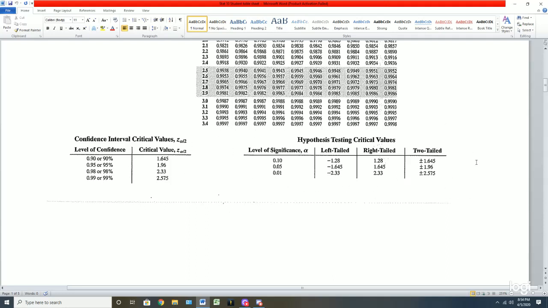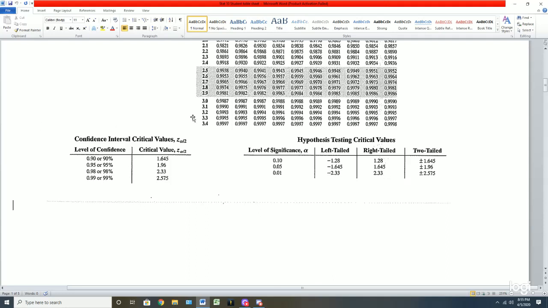All you have to do is identify what type of test we have and what alpha is given to us in the question. In our case, our alpha was 0.05, and we had a right tail test, which means our critical value is 1.645.